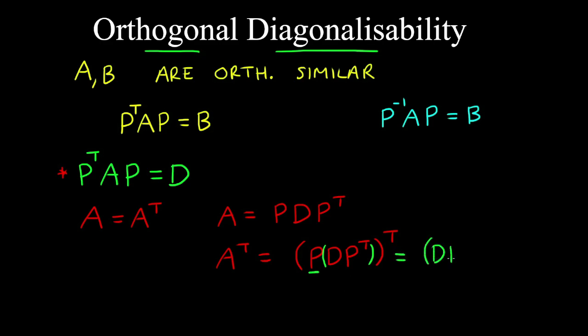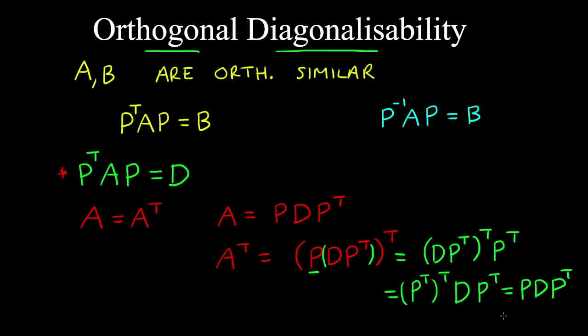So we have D P transpose, transposed, by P transpose, and therefore the left hand term is the transpose of P transpose multiplied by D transpose, which is equal to D because D is a diagonal matrix, and multiplied by P transpose, which gives P multiplied by D by P transpose.